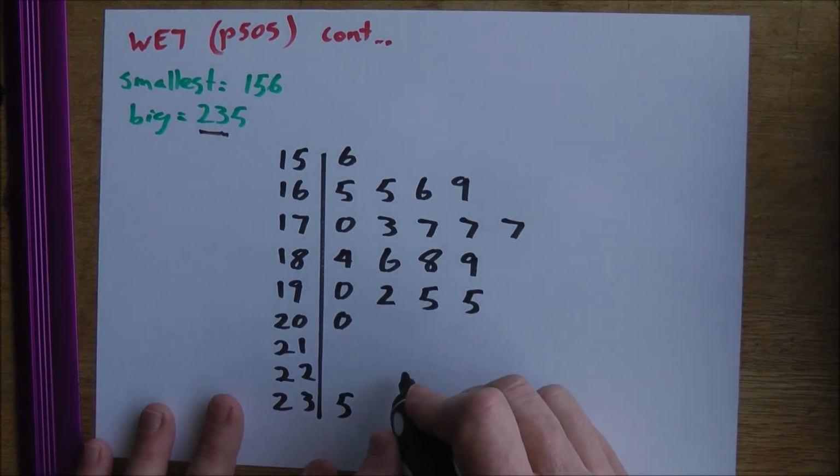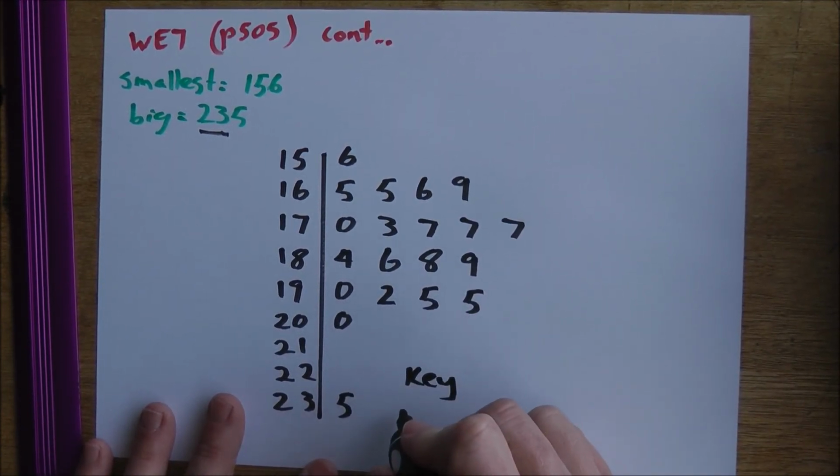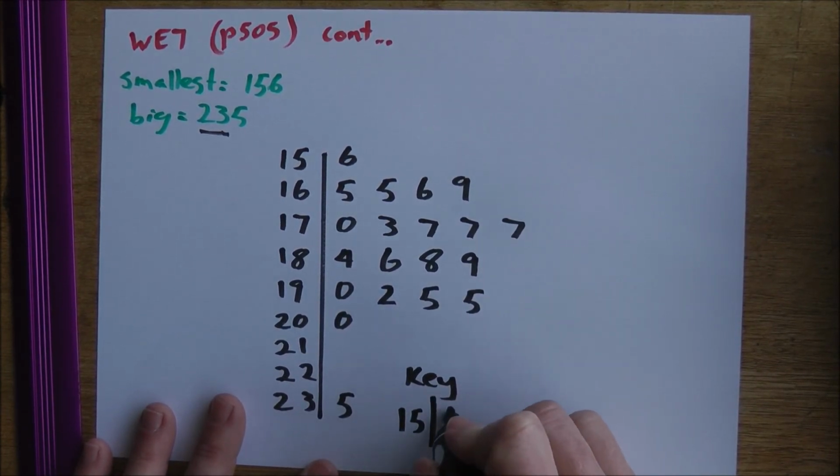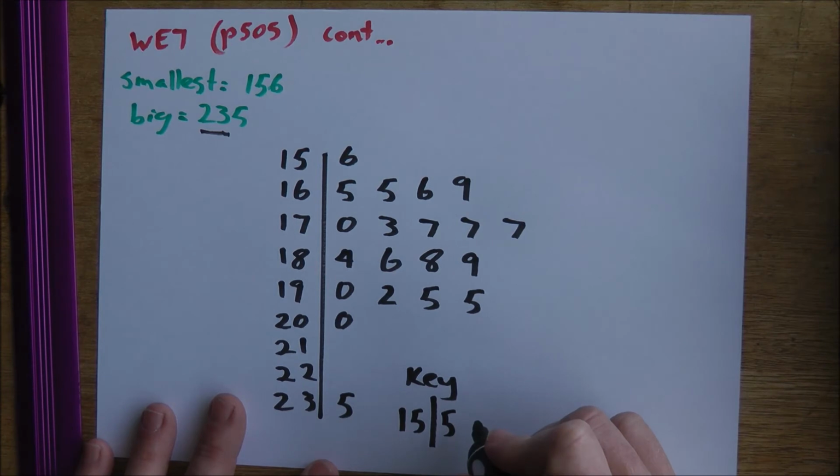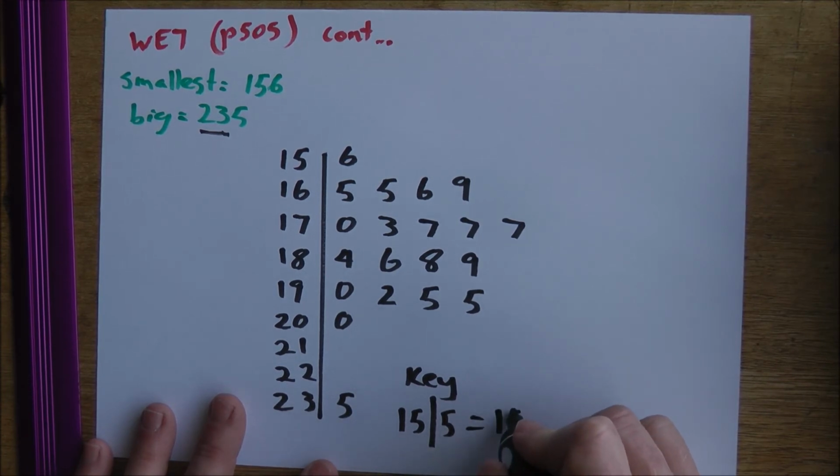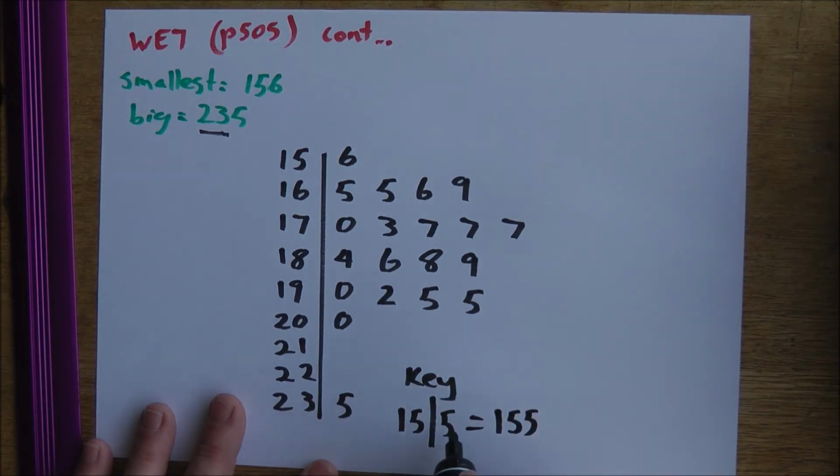Right, I need my key. Just pick a number. 15 | 5 equals 155.